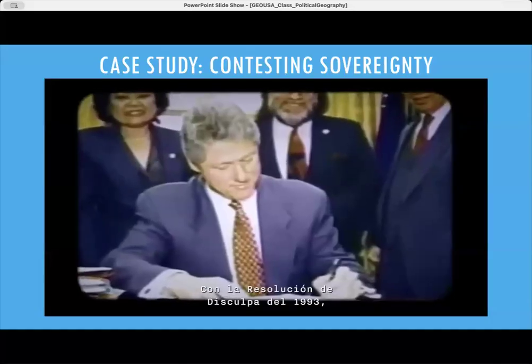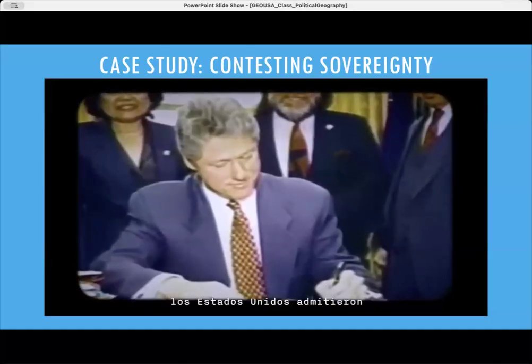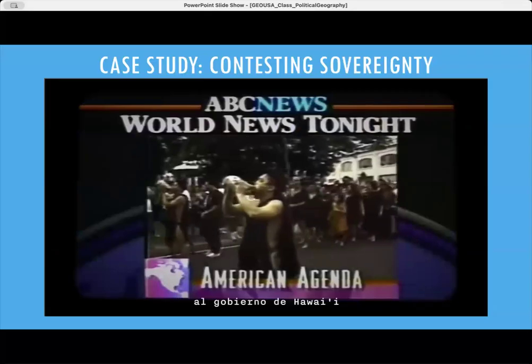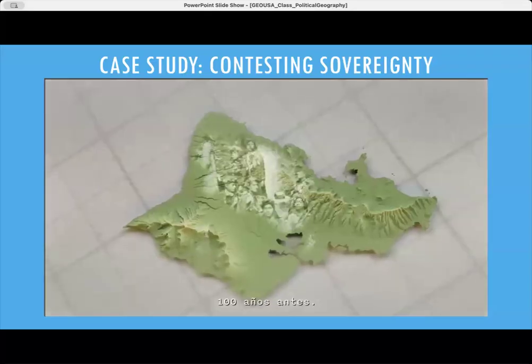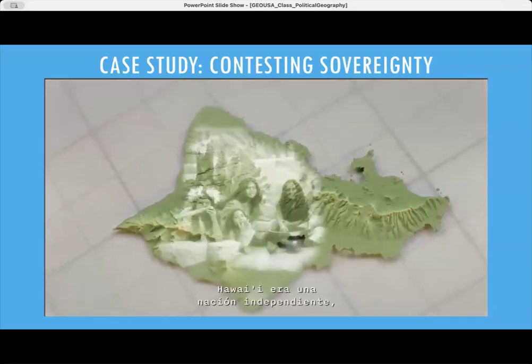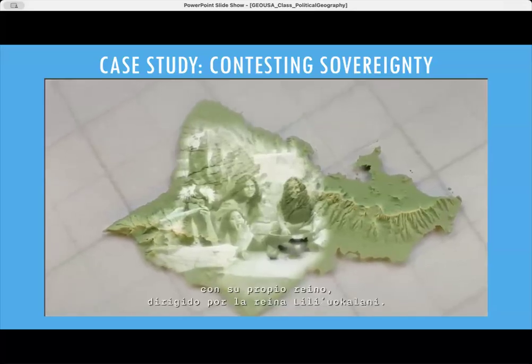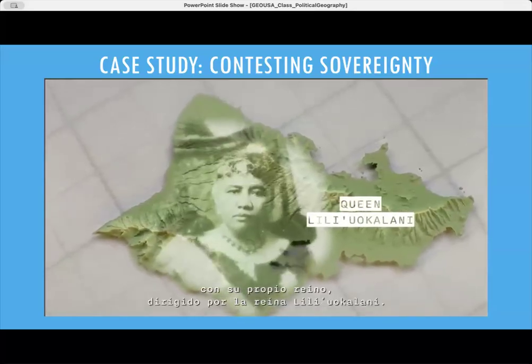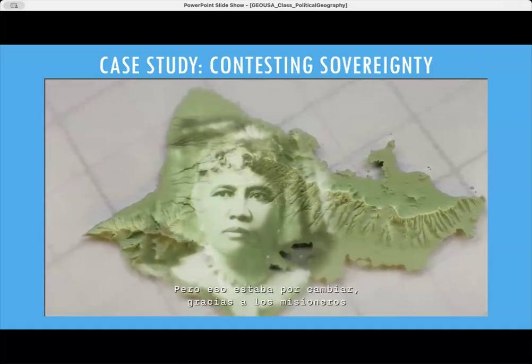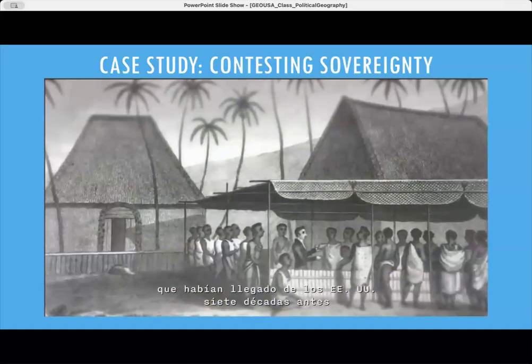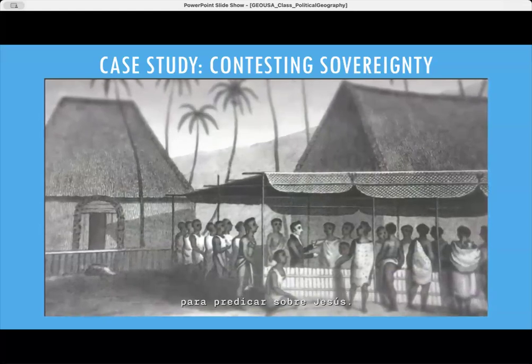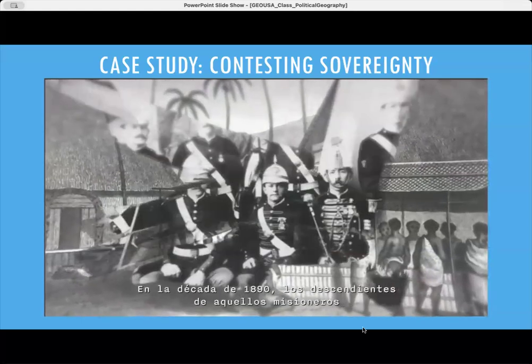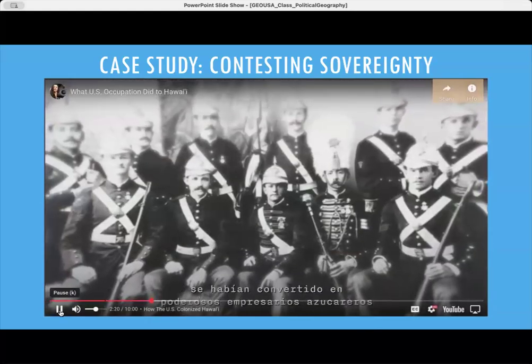With the Apology Bill of 1993, the United States admitted to illegally overthrowing the government of Hawaii 100 years earlier. Because until the end of the 1800s, Hawaii was an independent nation with its own kingdom led by Queen Liliuokalani. But that was about to change, thanks to missionaries that had come from the United States 7 decades earlier to preach about Jesus. By the 1890s, the descendants of those missionaries had become powerful.